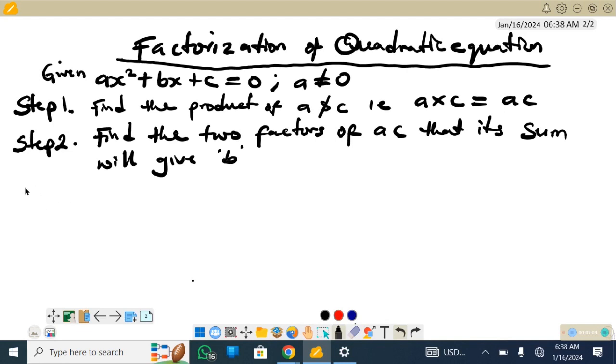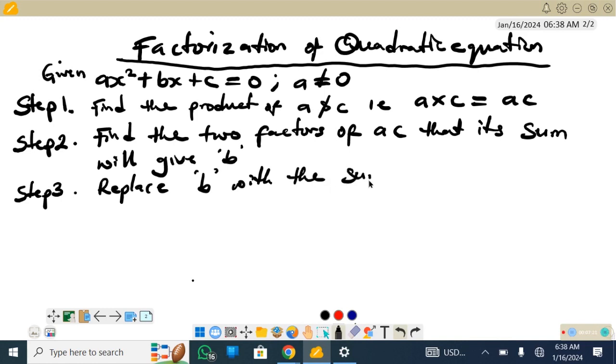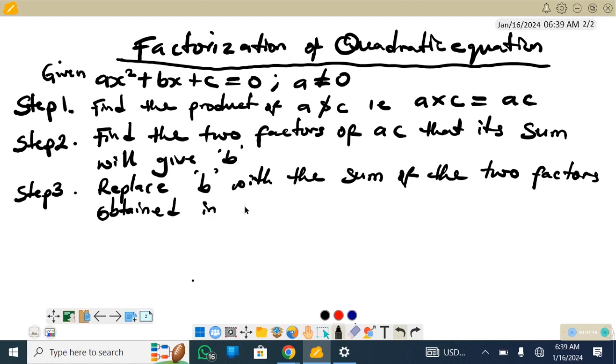Okay, so the third step is to replace b with the sum of the two factors obtained in step 2.